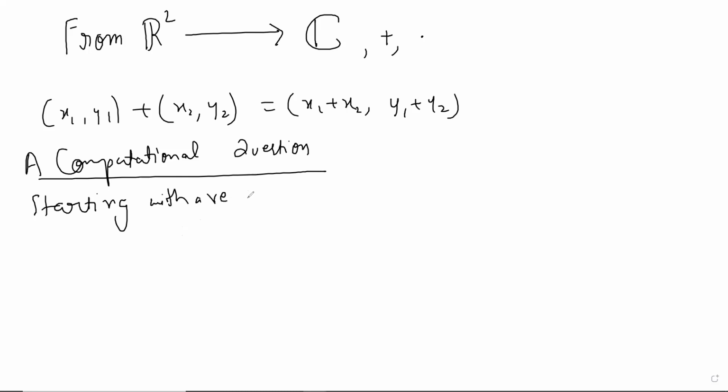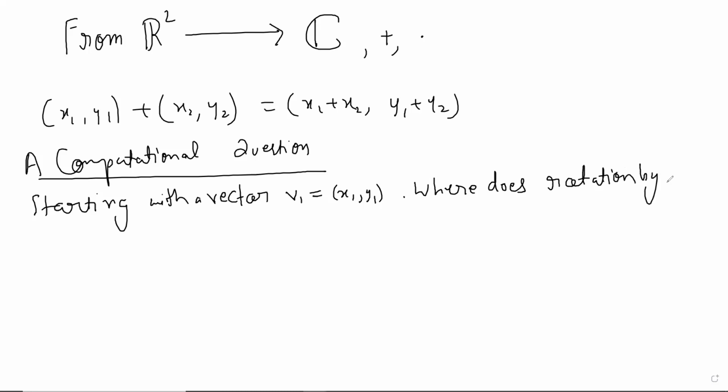Starting with a vector, and this is very useful for applications in, let's say, high school math, Olympiad geometry, and elementary maths. Starting with the vector v1, let's denote it as (x1, y1). Then the rotation of v1 by v2.